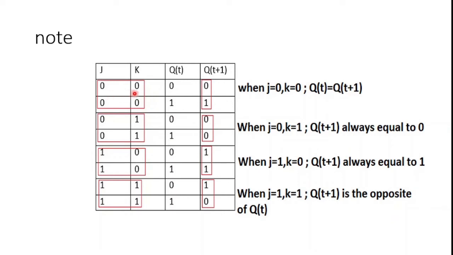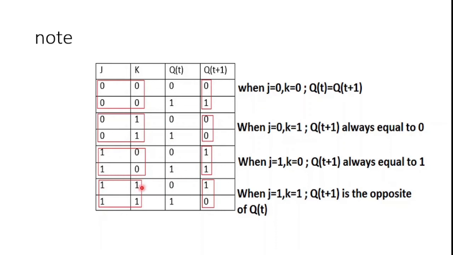When J and K are both 0, as in this scenario, the QT plus 1 is absolutely identical to QT. When they both have the same value, which means they are identical. And when J is 0 and K is 1, then QT plus 1 is always 0. And when J is 1 and K is 0, for this kind of scenario, the QT plus 1 is always 1.